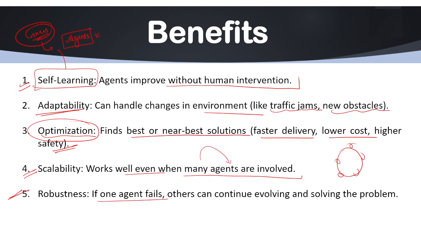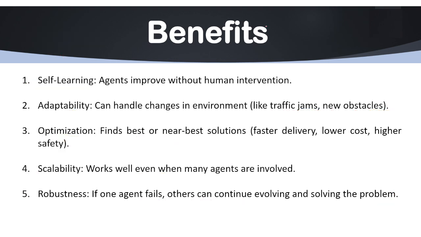Robustness means if one agent fails, others can continue evolving and solving the problem. Like for example, in a group of students, if one student fails to complete a particular task or goal, other students are also there who will continue evolving and solve the problem.